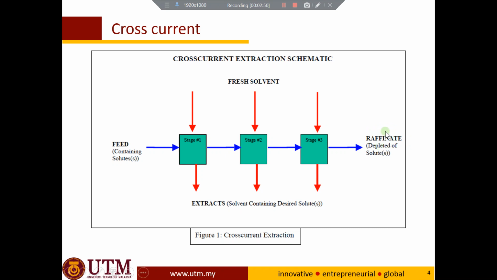Okay, that is what is meant by continuous extraction. Or we can also say it like this. Okay, you have the cross current, you put the fresh solvent over here, and then you extract it.